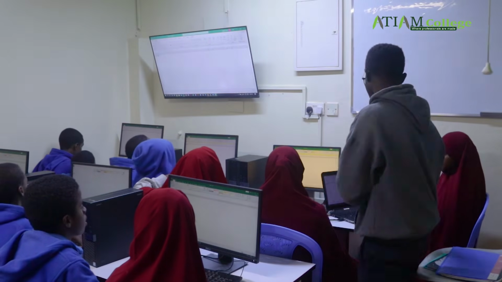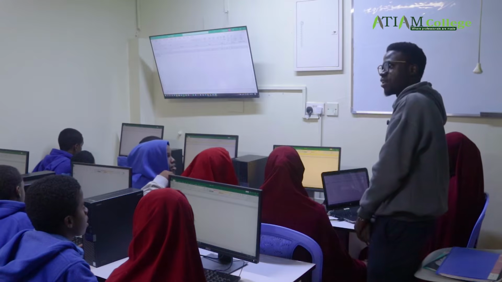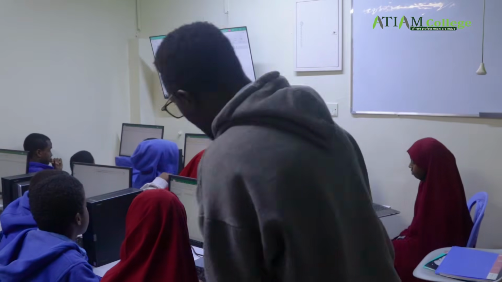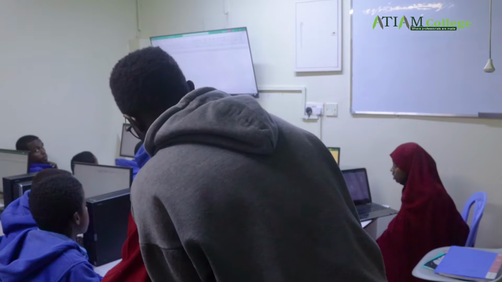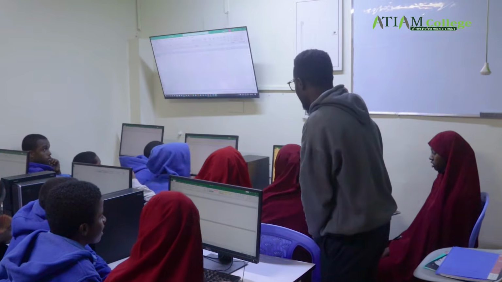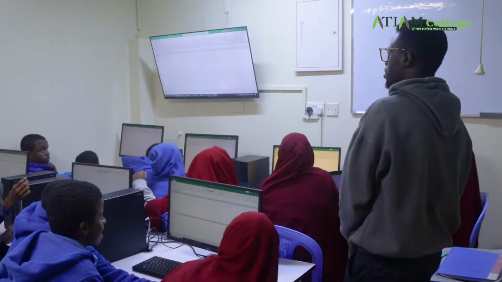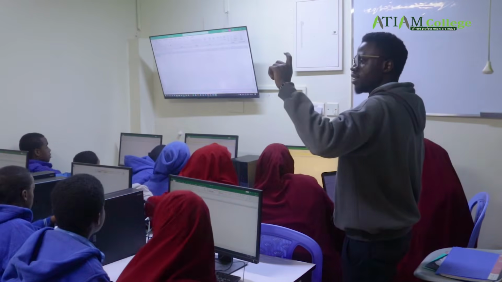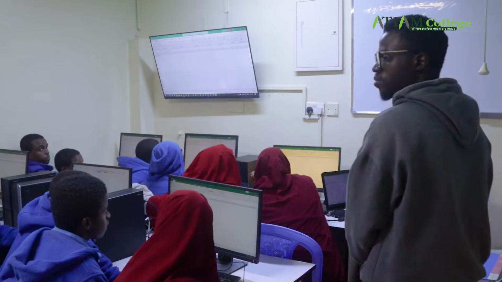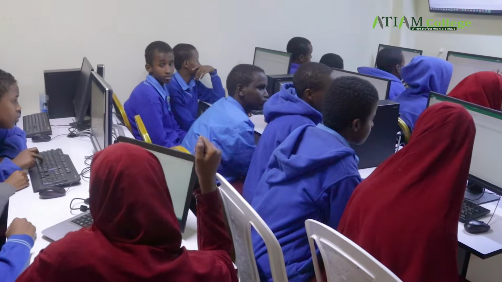On the first cell, left click on your first cell. And then write the name. You use capital letters, you use caps lock. There is a key written caps lock on the keyboard.